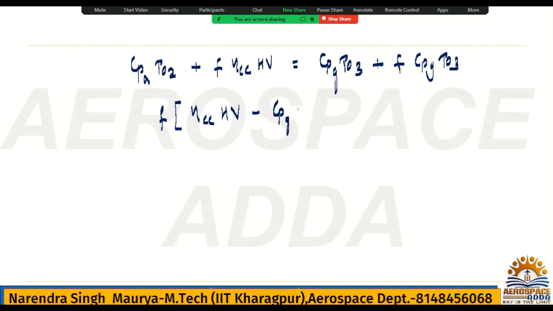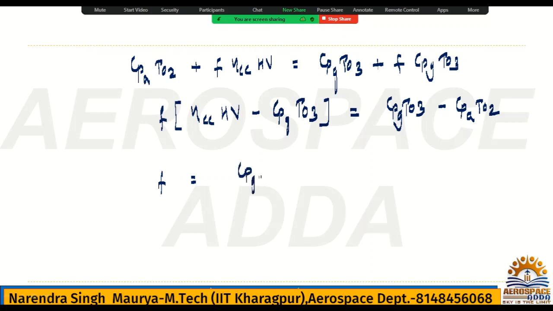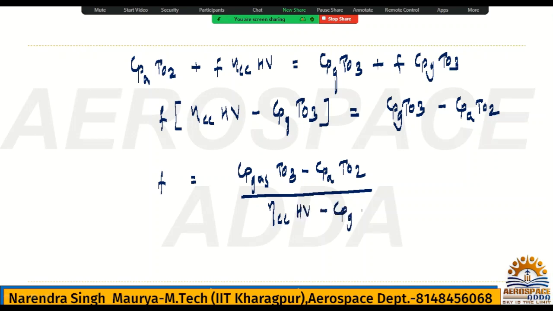Cp of gas T naught 3 is equal to Cp of gas minus Cp of air. Okay, it is nothing but Cp gas T naught 3 minus Cp of air divided by eta Cc heat value minus Cp of gas T naught 3.